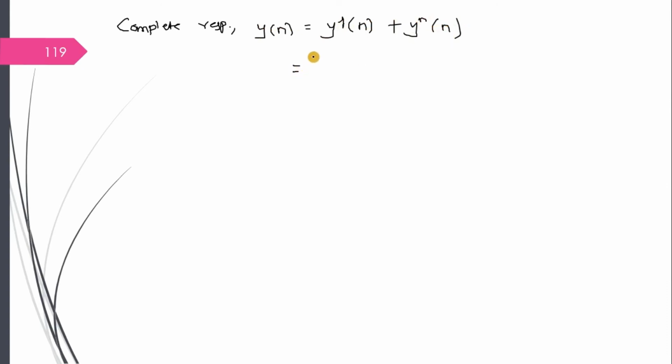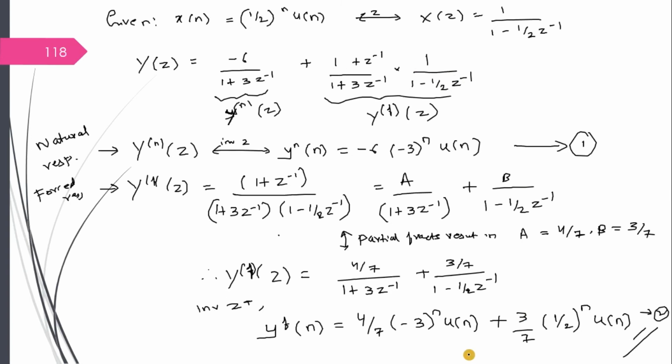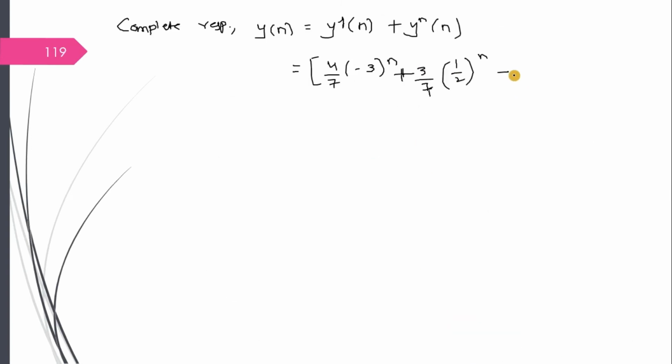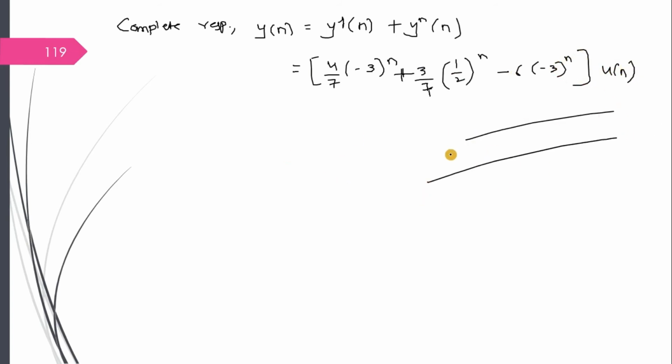So y f of n we just now solved: 4 by 7 minus 3 raised to n u of n, plus 3 by 7 times 1 by 2 raised to n, plus what I wrote earlier, and here it is minus 6 times minus 3 raised to n, whole raised to u of n. So this is your complete response.